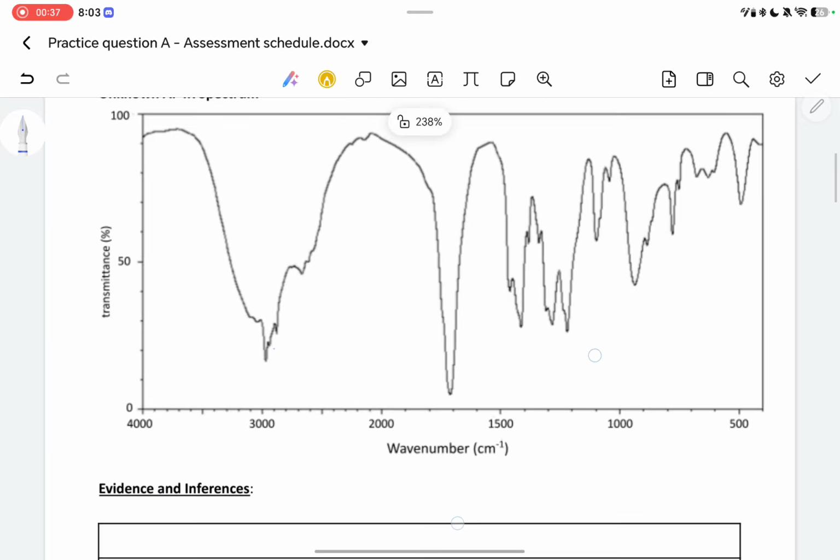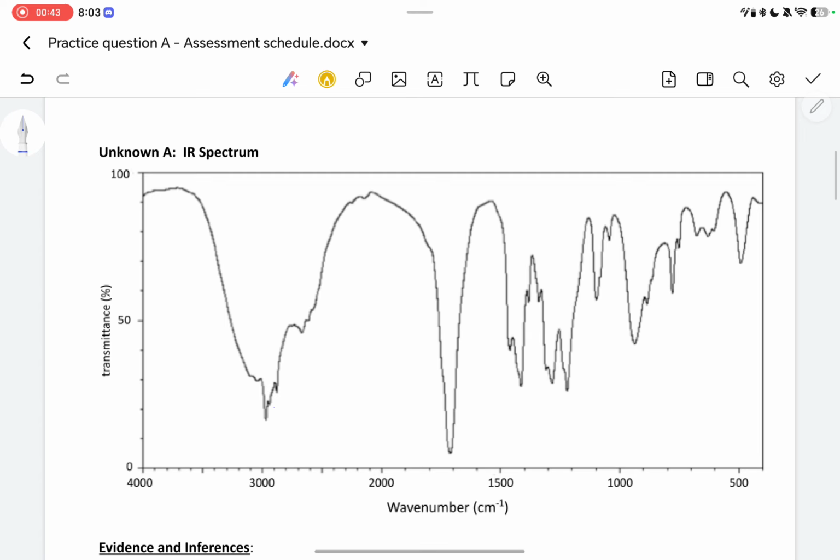So let's take a look at our IR spectrum. If we look at our data sheet and our spectrum, we see that there's one peak here that's quite broad, and it's between 2800 to 3500, around 3300.